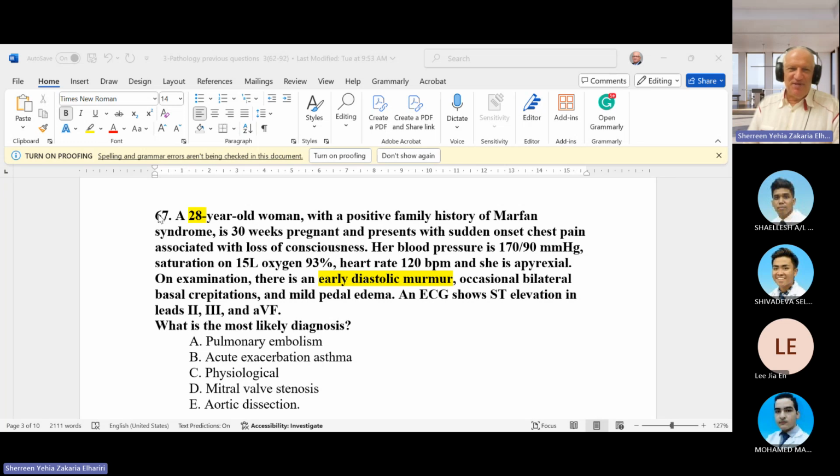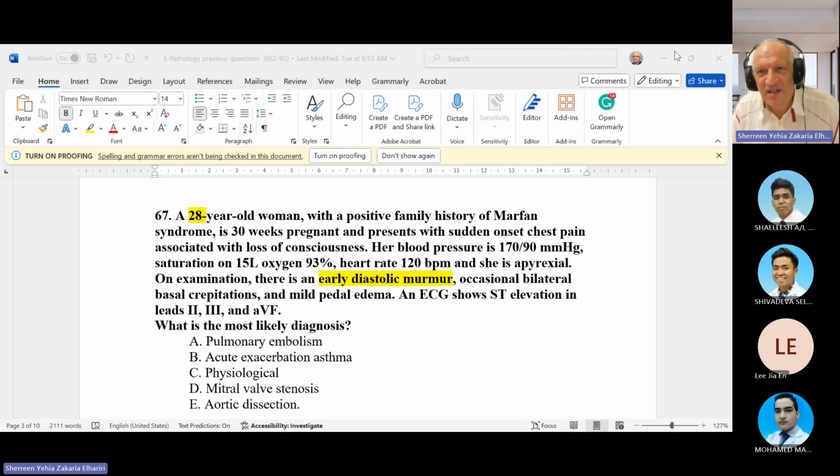So if the patient has a thoracic aortic aneurysm, it affects the blood supply to the coronary, to the heart. So this mimics ischemic heart disease. And I saw one case in Sarawak with the same picture. She presented many times to the hospital with chest pain, considered ischemic heart disease, but cardiac enzymes were normal. In the end, by echo, they found a thoracic aortic aneurysm.